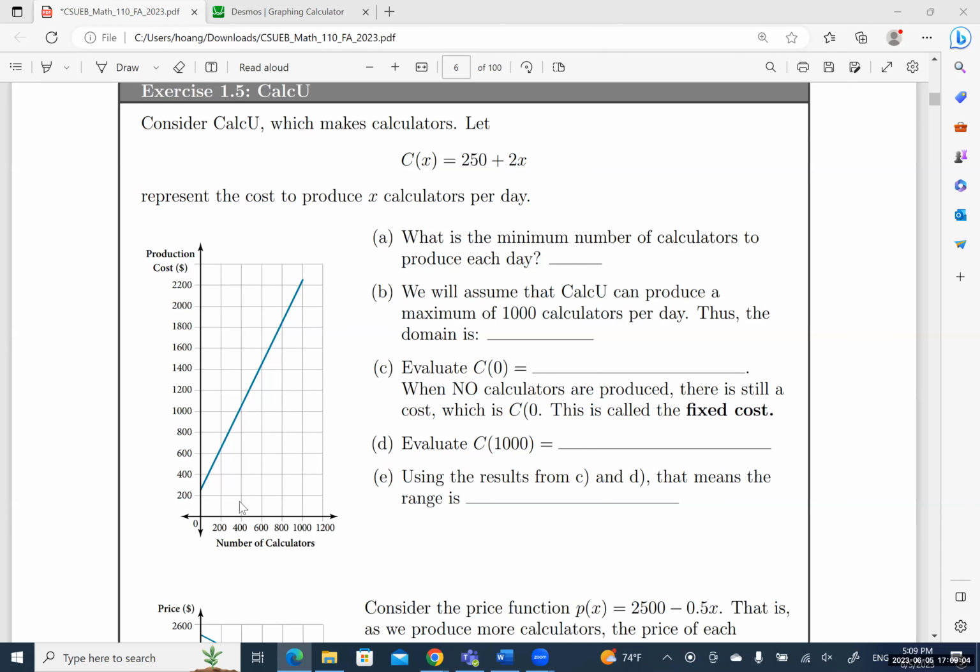So what is the minimum number of calculators? These are calculator problems, about companies that make calculators, and they have the cost functions. We produce X calculators per day, right? The words per day are over here. So every day it produces X calculators.